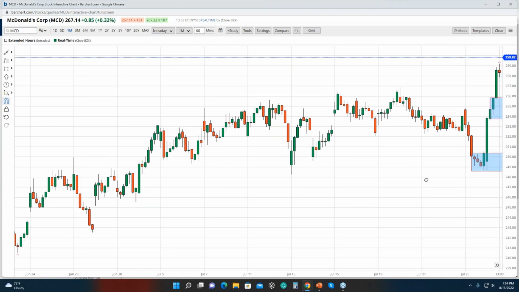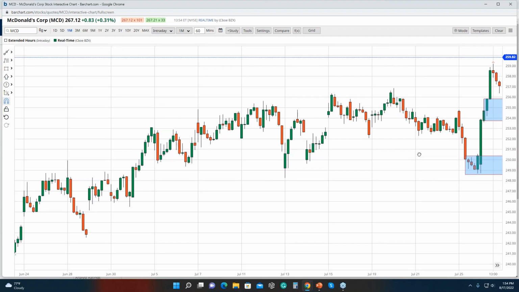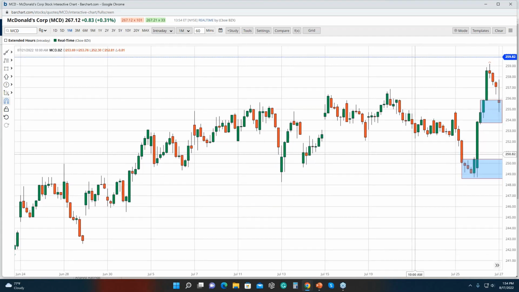All right, so what does price do? Well, price shoots away, gets close to that higher time frame resistance, that target, and then price comes back into my zone. Again, a pullback. So would this trade be a good trade in terms of a swing trade? Again, trying to capture a smaller portion.